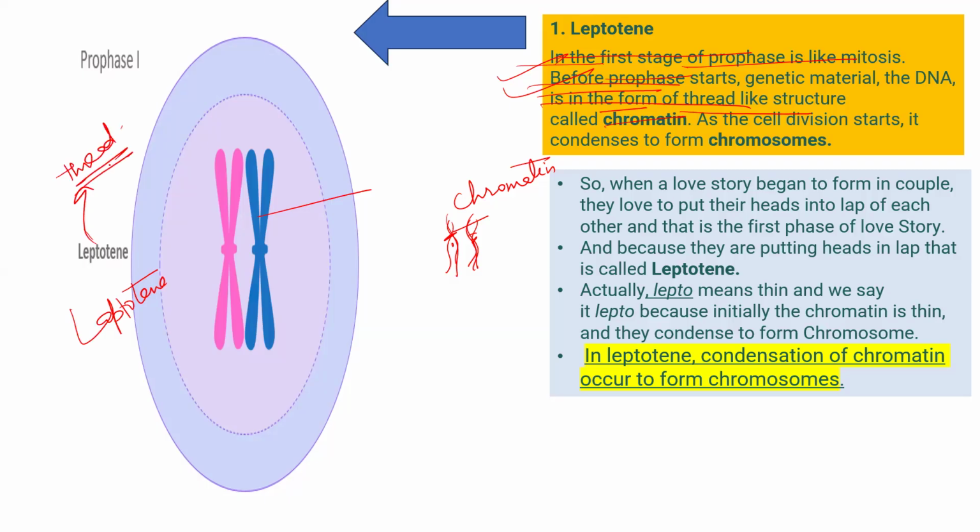Thin and thread. So initially the chromatin is thin and thread-like, and then condenses to form chromosomes when the child attains puberty. So in leptotene, thin thread-like chromatin starts condensing and compacting to form chromosomes. So mostly condensation occurs in the leptotene stage.